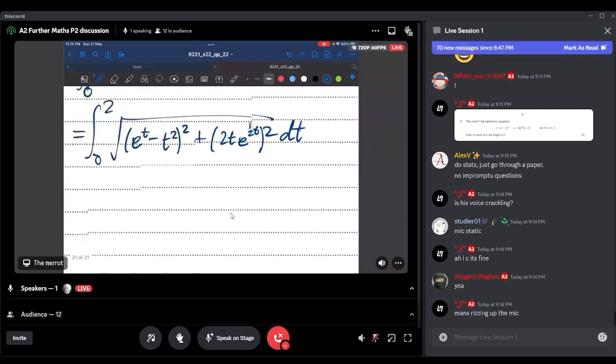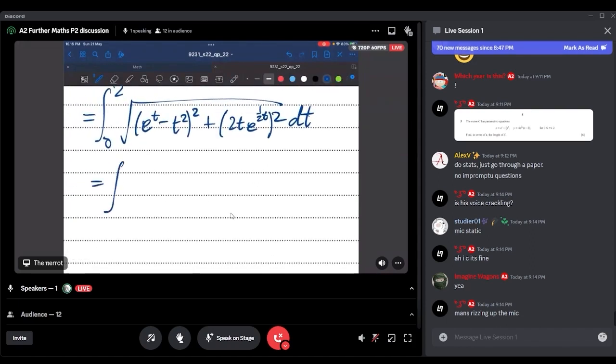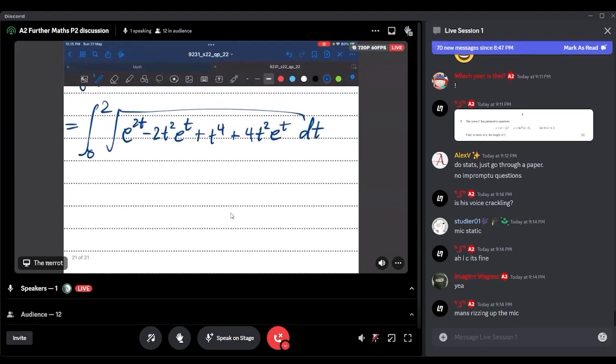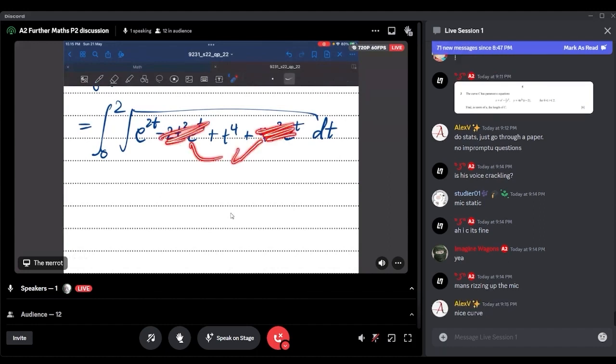So e power 2t minus 2t e power t plus 4 t squared e power t. Just algebra stuff from secondary school. And notice that this becomes 2t squared e power t. And that's the key here.